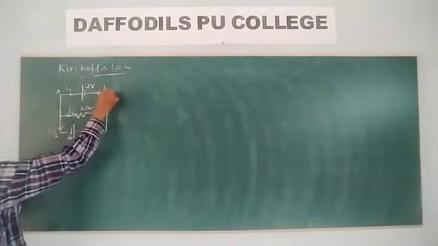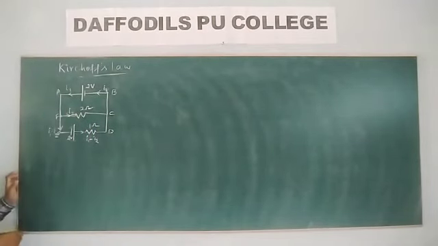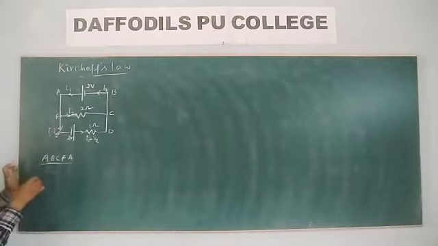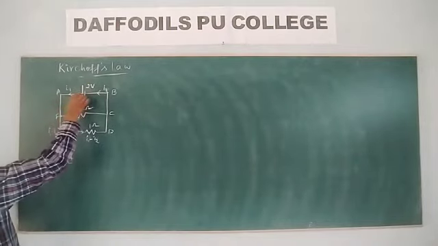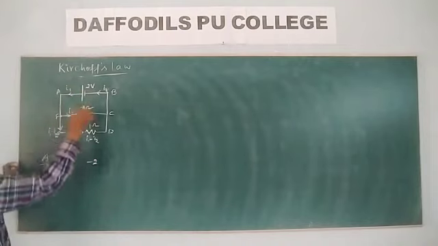Let me take here A, B, C, D, E, F. Now apply the loop rule for A, B, C, F, A. What do you have here? A to B: minus 2, because plus 2 minus 2 is minus 2.